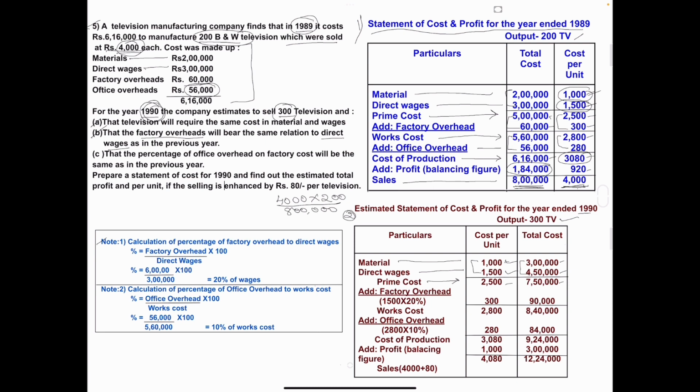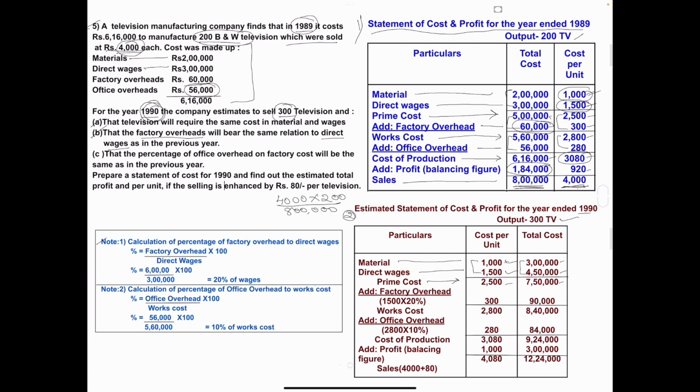So factory overhead amount is 60,000. See the previous year cost sheet, 1989 cost sheet. Factory overhead amount is 60,000. So this 60,000 we will take here, divided by direct wages. Direct wages amount from where we have to take? From 1989 cost sheet and not from 1990 cost sheet.